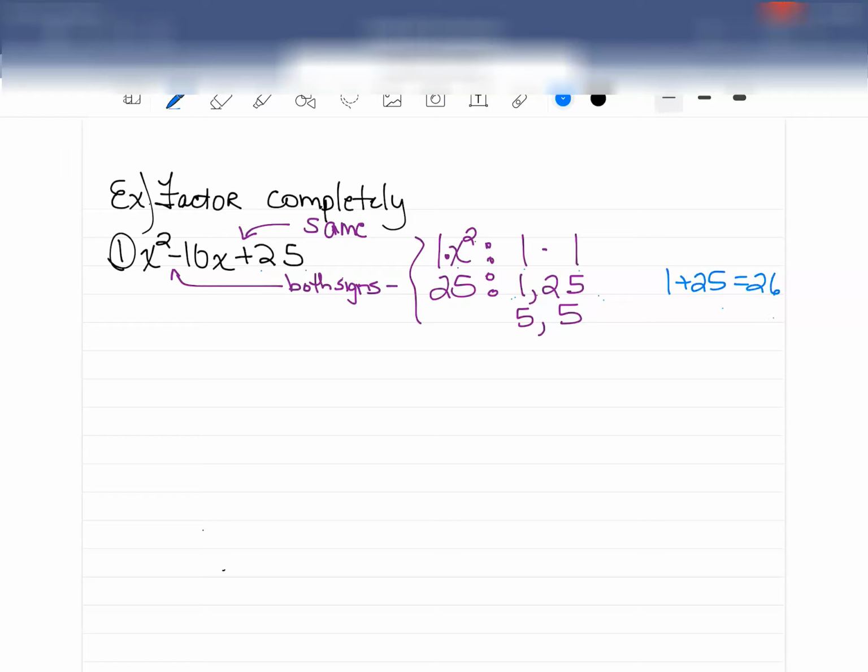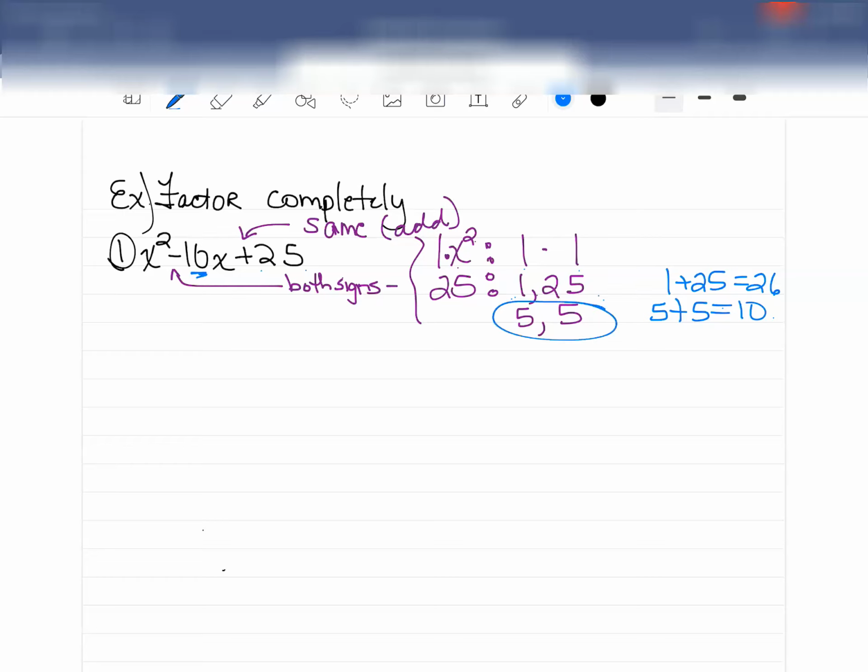And I'm adding because I have the same signs, because of that plus in front of the third term. So I know that's not going to work. And if I do a 5 plus 5, that'll give me a 10. That's the one I want. I want the 10 because there's a 10 in front of that second term.